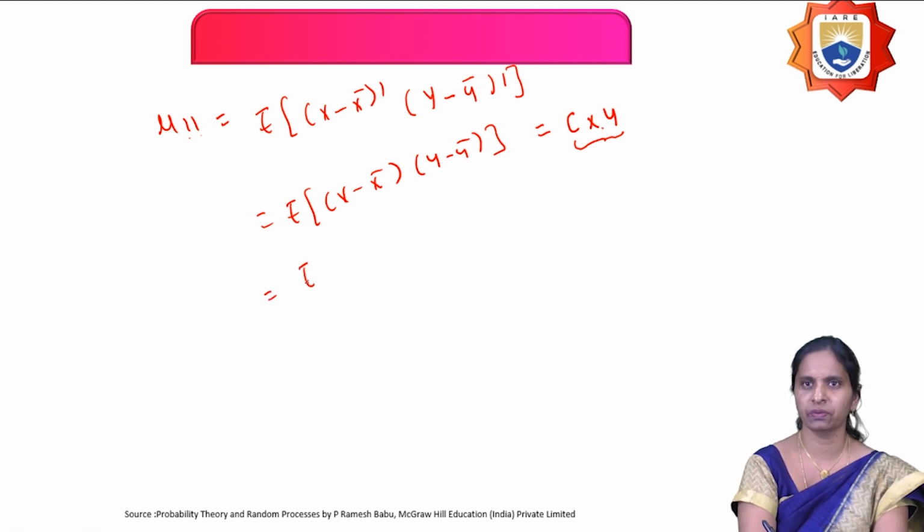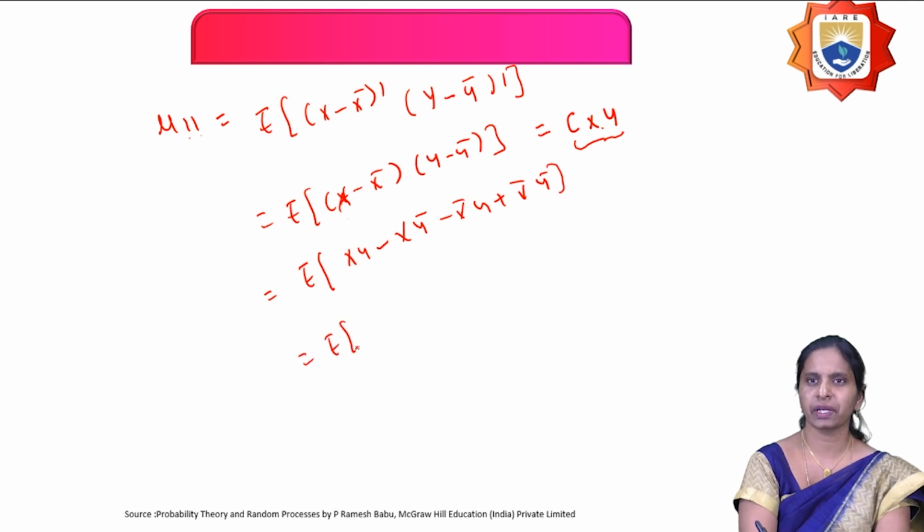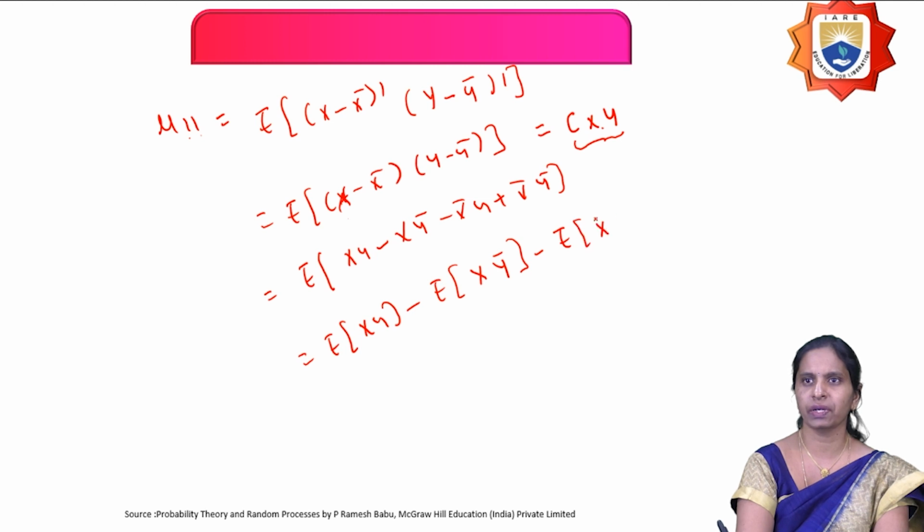Now, if you simplify this, what can happen here? Here, this is xy minus x into y bar minus x bar into y plus x bar into y bar. That equals the expectation of xy minus the expectation of x into y bar minus the expectation of x bar into y plus the expectation of x bar into y bar.